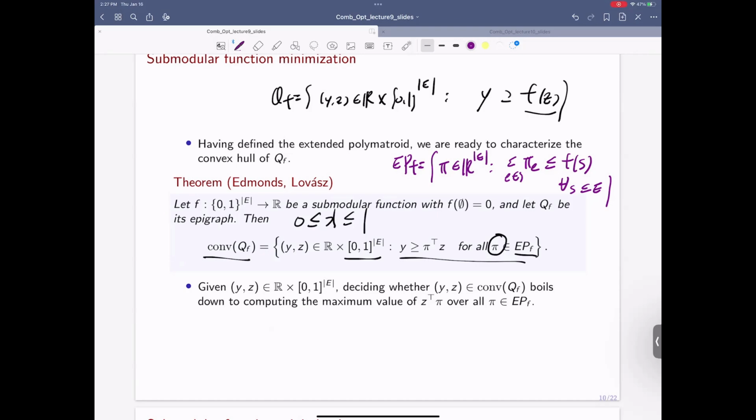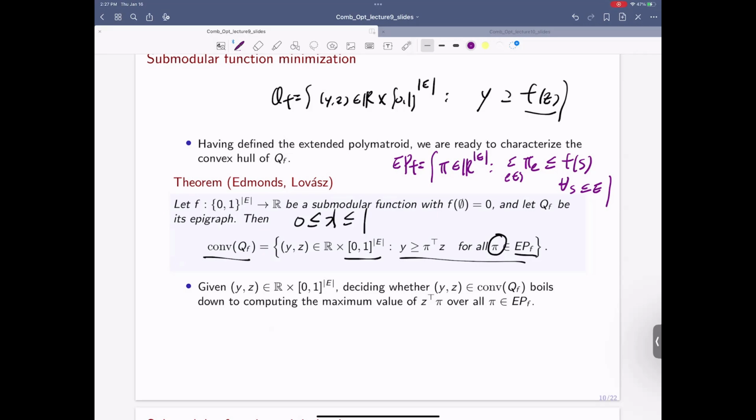So this convex hull is defined by infinitely many inequalities. But I want a polyhedron to describe this thing. But in fact, maybe a polyhedral description is not necessary.